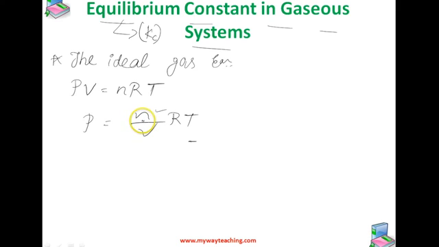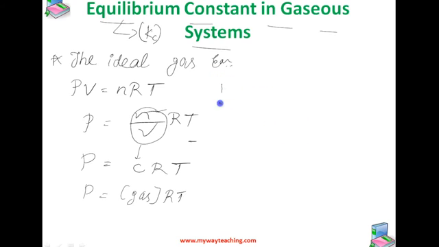If concentration C is in mole per liter and P is in bar, we can write P is equal to C into RT.